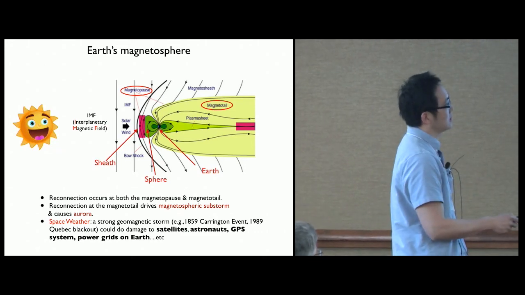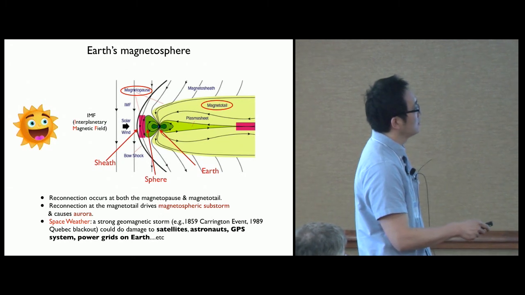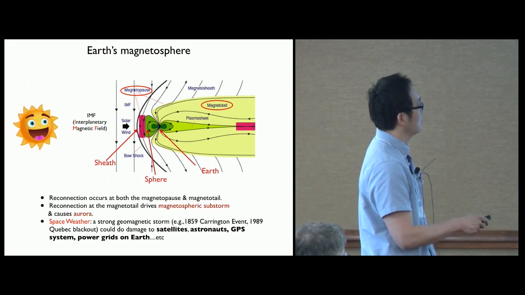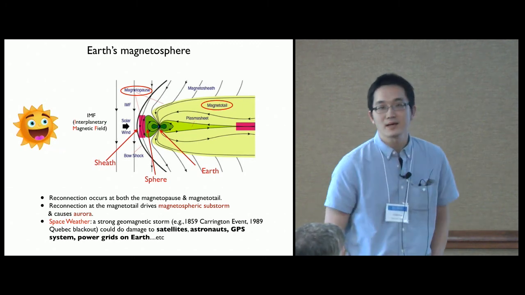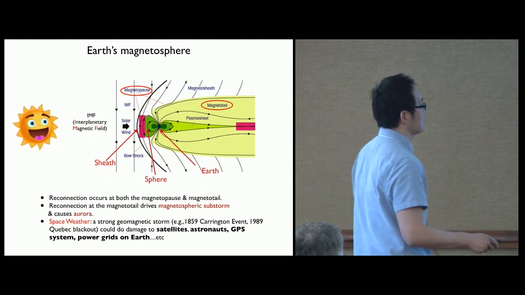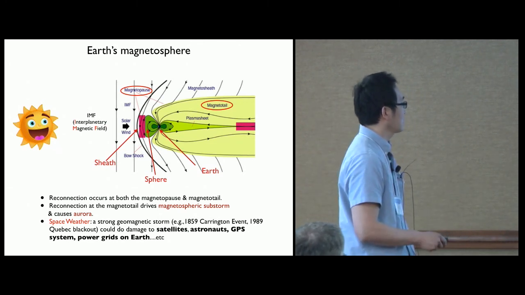And once this occurs, it can release the energy that built up in the magnetic tail, and the particles associated with the reconnection will trace field lines back to the north and the south pole. This will form aurora. So this has something to do with the magnetospheric storm and the substorm, and causes aurora.